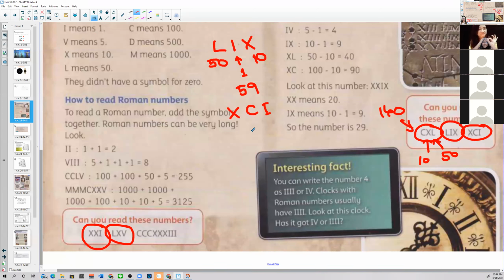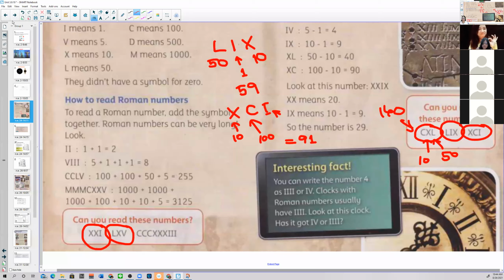XCI. Okay. C is 100, right? And X is 10. Placed in front of C, smaller. So this one is 91, because we don't forget the I. Understand?